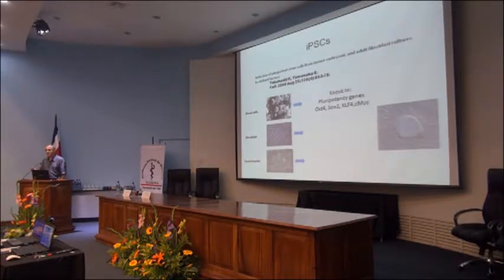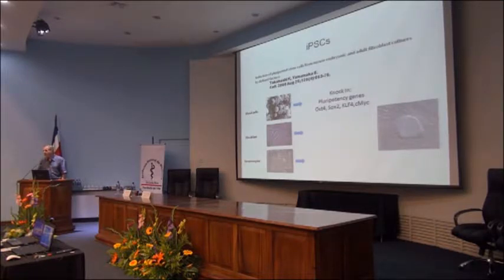So imagine somebody who had a sarcoma and had an amputation of the bone, and it's a young child, and you have problems with bone growth for the rest of his life. In principle, at least, you could take cells from that person's skin, de-differentiate them into induced pluripotent stem cells, and grow bone.